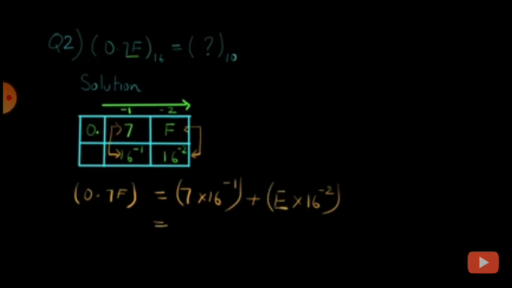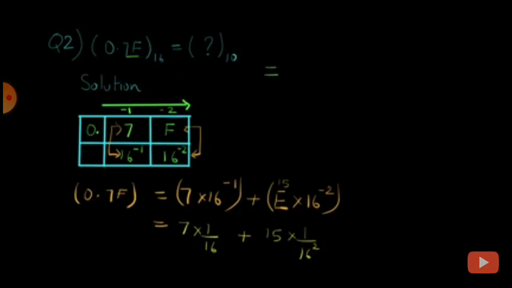So according to our table, F corresponds to 15. So this gives us 7 into 1 upon 16 plus 15 into 1 upon 16 squared.